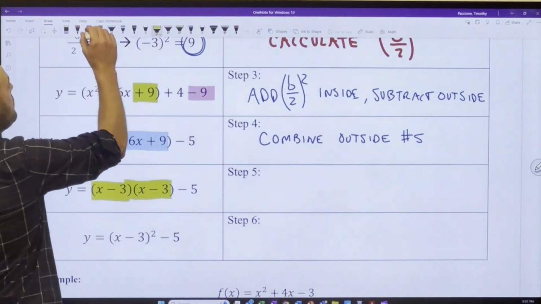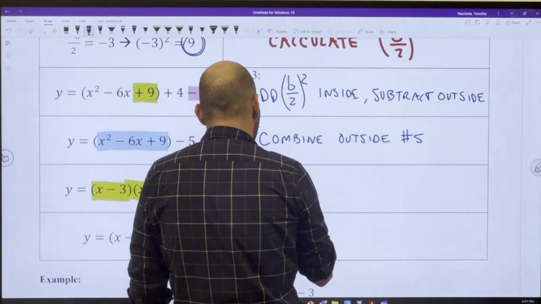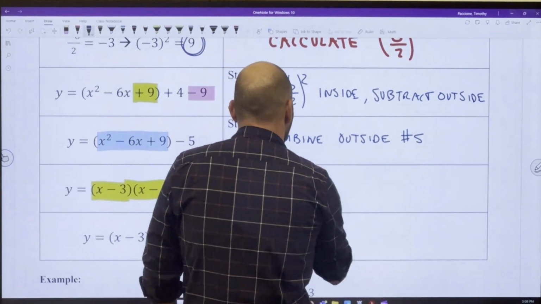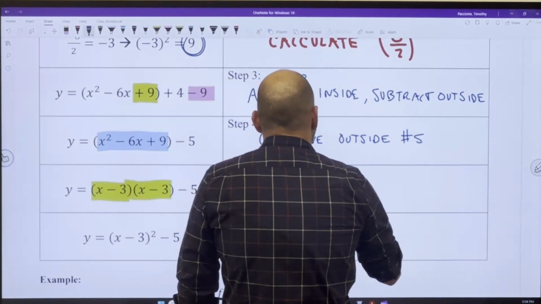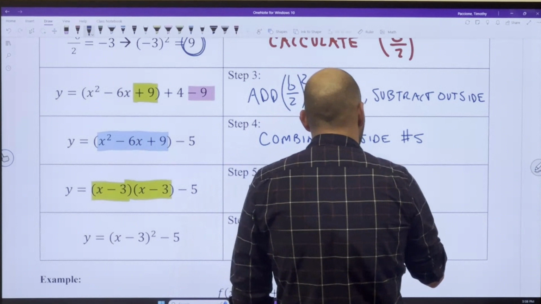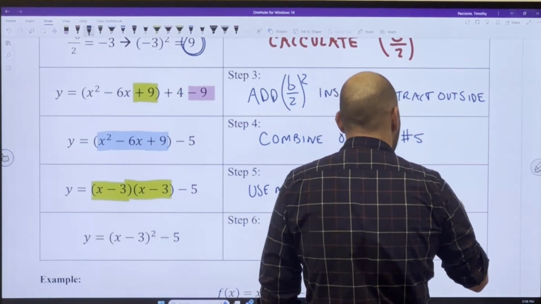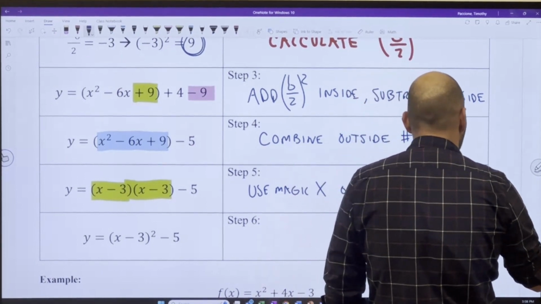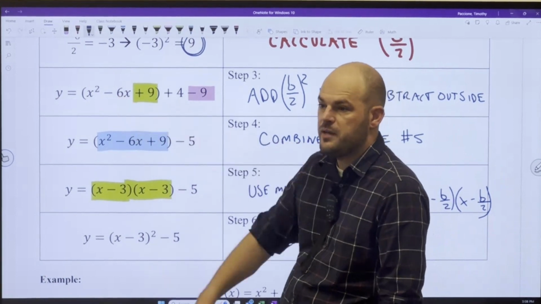So you can either use magic x or write x minus b divided by 2 times x minus b divided by 2. Because look, -3 is the original b divided by 2.